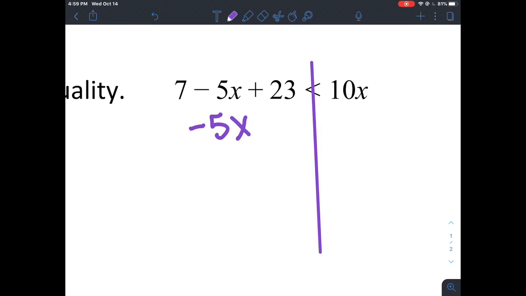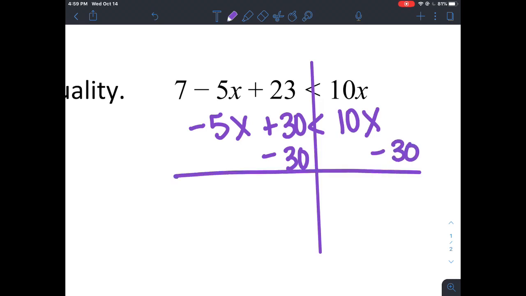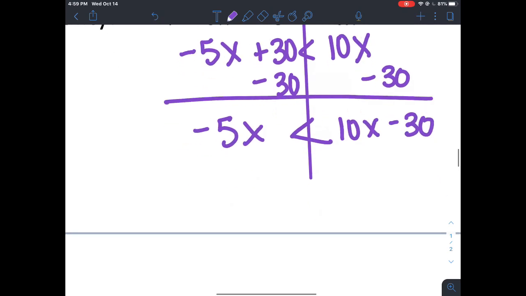So -5x plus 30 is less than 10x. Okay. Let's move the 30 over. So we'll subtract 30 from both sides. -5x is less than 10x minus 30.